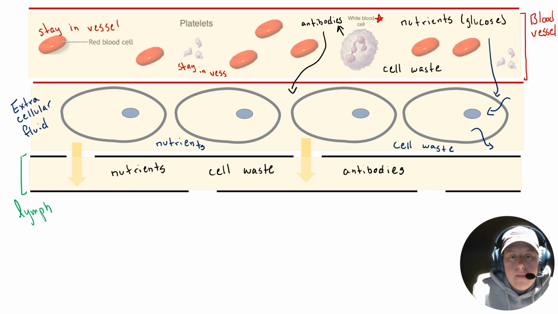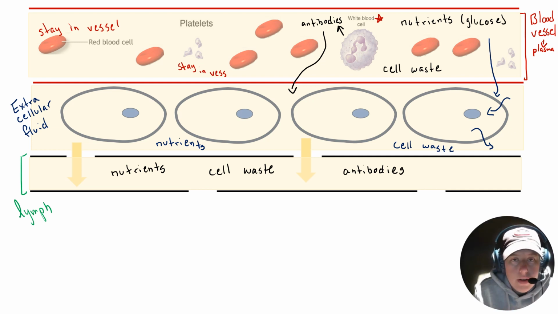So ultimately, the difference between plasma, extracellular fluid, and lymph, chemically, there isn't one. It is a liquid, which is mostly made out of water, that contains nutrients, cell wastes, antibodies, and hormones dissolved in it. The difference is where we find it.